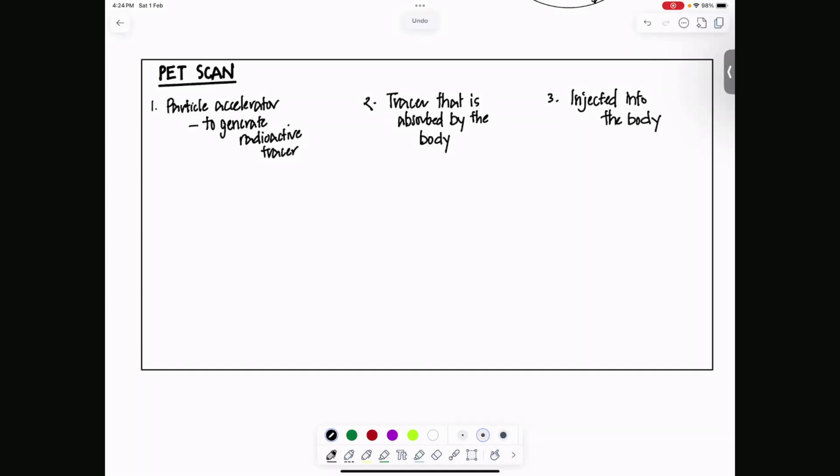Number 4 and number 5 হচ্ছে তোমাদের একটু আগে বুঝালাম. So number 4 হচ্ছে you have annihilation and gamma emission. And lastly হচ্ছে detection.